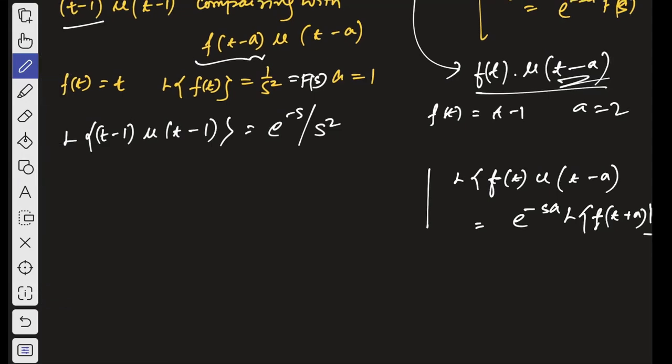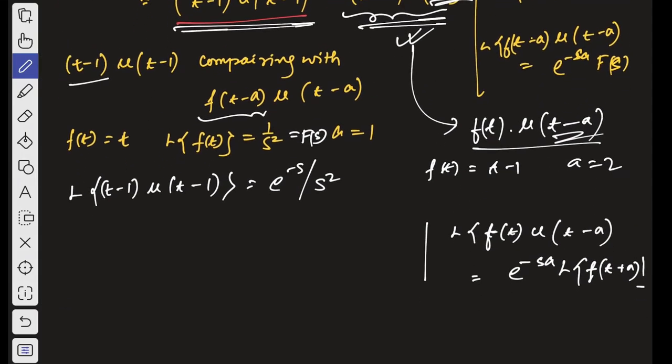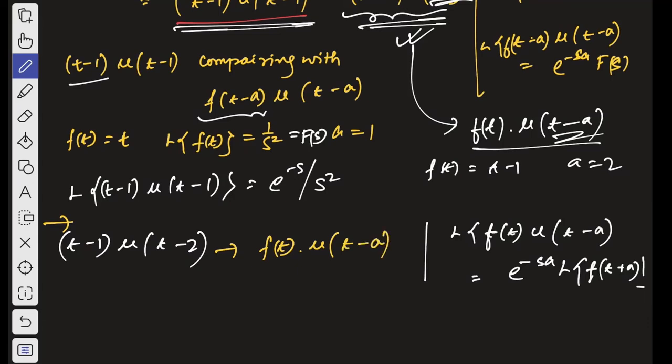So now you can see, our second part is t minus 1 into u of t minus 2. So this is the second part here. Let us compare with f of t into u of t minus a.